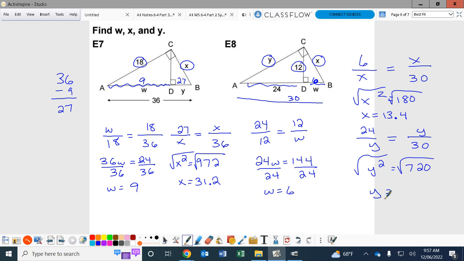Somewhere about 26 or 27. Where is it at? What was it? 26.8. We agree? Okay, there you go. I'm just trying to estimate in my head, see if I can get close. There we go, guys. That's all your answers. Anybody have any concerns, questions, anything about it?